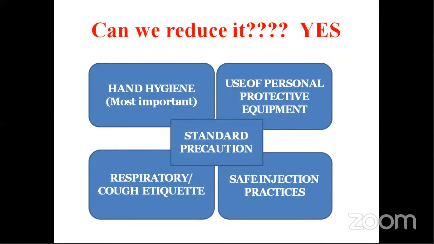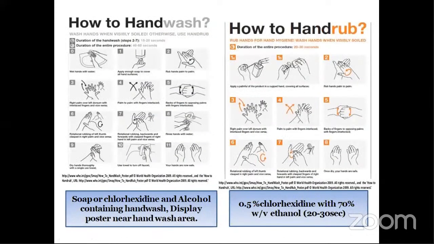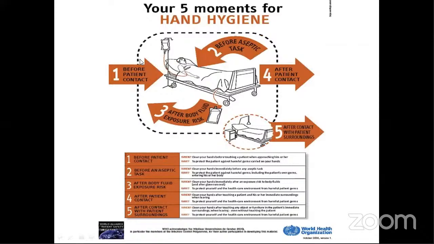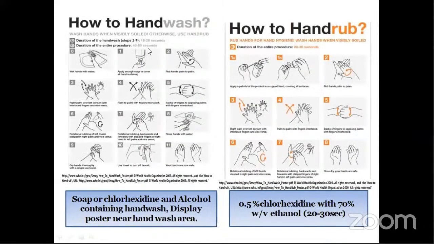Can we reduce it? Yes, by following the 4-pronged standard precautions: use of personal protective equipment, safe injection practices, respiratory cough etiquette, and most important, hand hygiene. Now, this slide is showing you the posters of hand wash and hand rub.